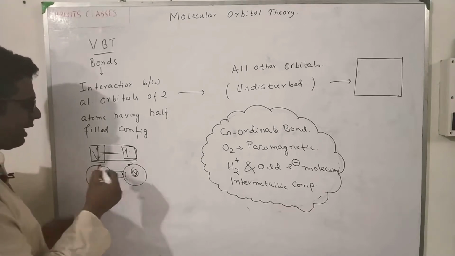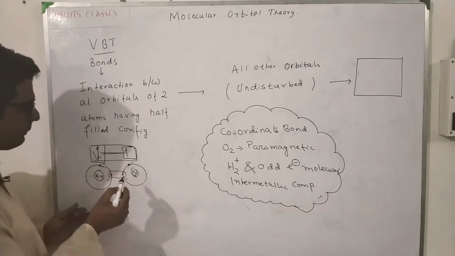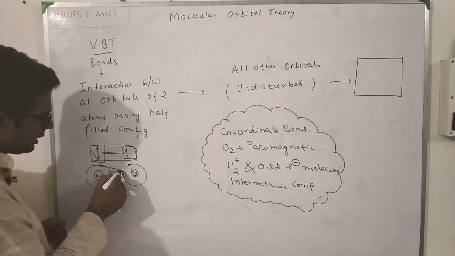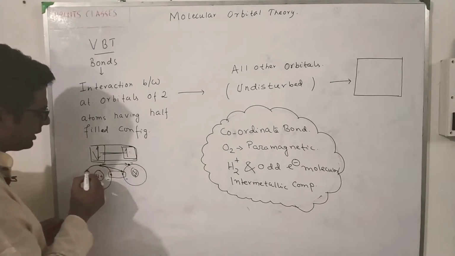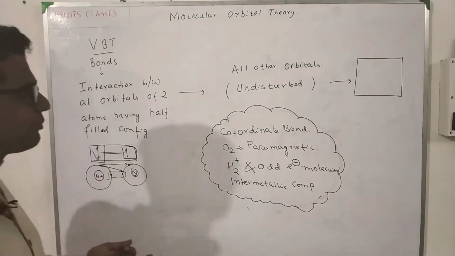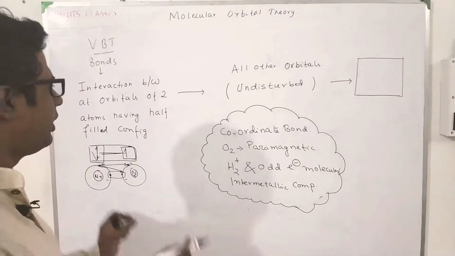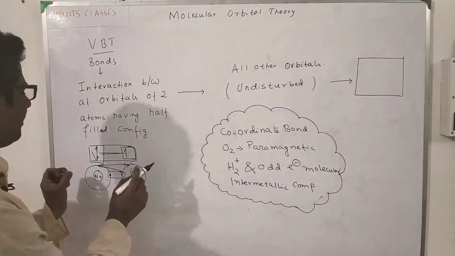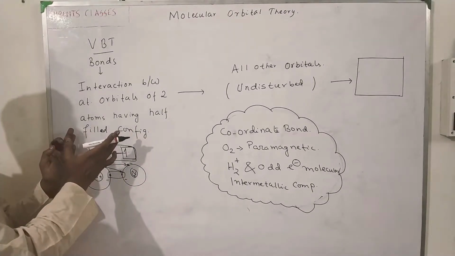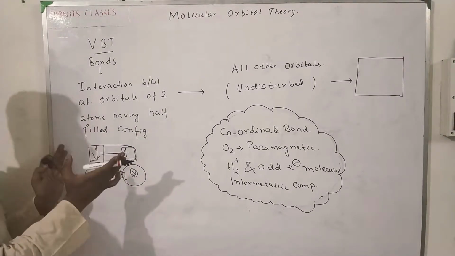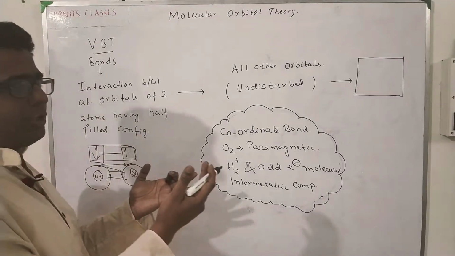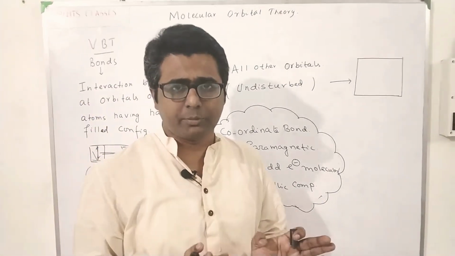Similarly over here, and after bond formation, repulsion. This electron may repel this. All these interactions are there. So obviously it cannot happen that only those electrons which are taking part in bond formation are involved in the total bond, and the other atomic orbitals are not affected. This is not possible.